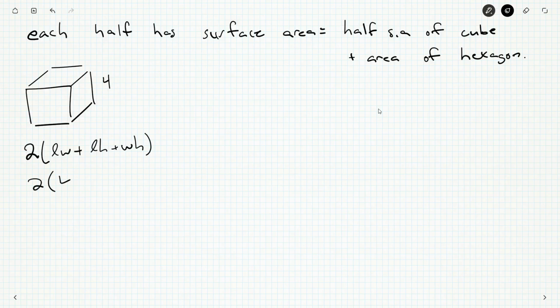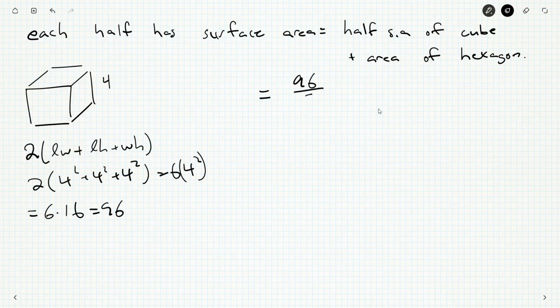So this is 2 times 4 squared plus 4 squared plus 4 squared, or 6 times 4 squared. So that's 6 times 16, 96. The whole cube has 96, so half of that goes to each of the 2 halves that were cut. So 48 is the surface area from the cube.